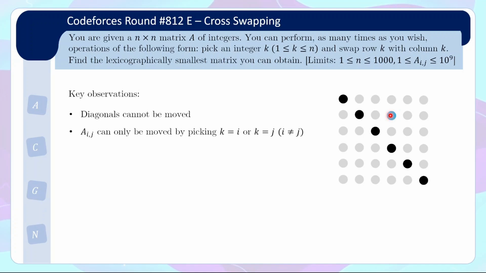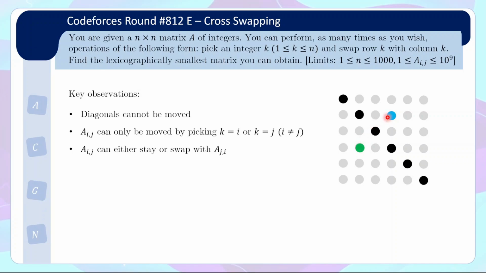Well, firstly, an off-diagonal term like a_ij can only be moved by picking k equals i or k equals j. So for example, this blue dot can move if you pick, let's say, k equals 2 and swap the row and column. Or you can pick k equals 4, which will also swap the row and column and move the blue dot. And you notice that in either case, the blue dot will actually move to the green spot.